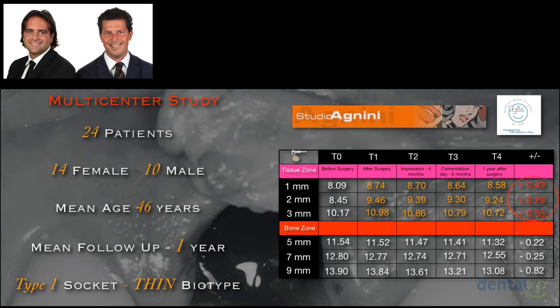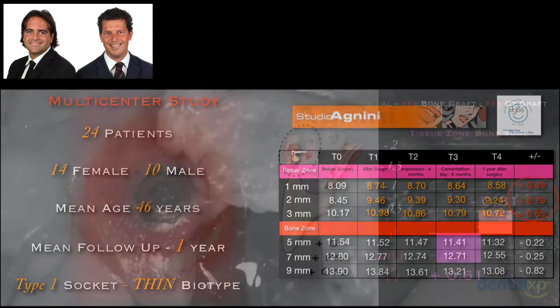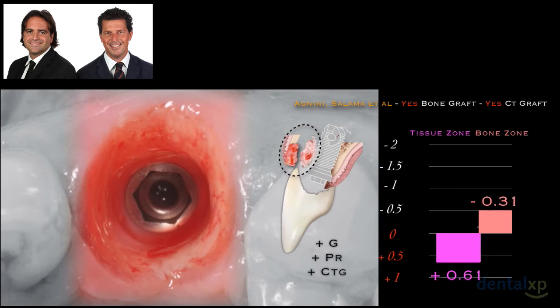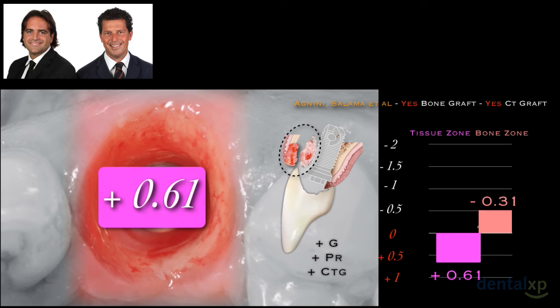Those are all the data from T0 to T4, that is 1 year after the surgery. And if we do a little graph, you can see that in the tissue zone we managed to have a big result from our perspective, because we managed to have a 0.6 millimeter gain. That is exactly the zone where we are placing the connective tissue graft.